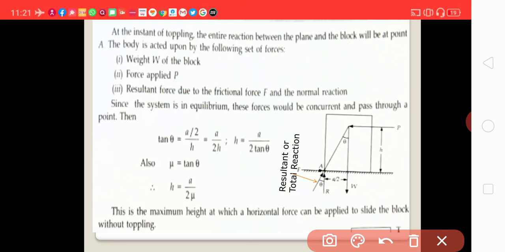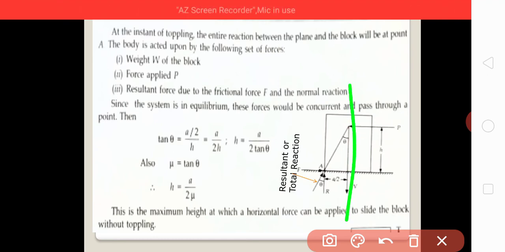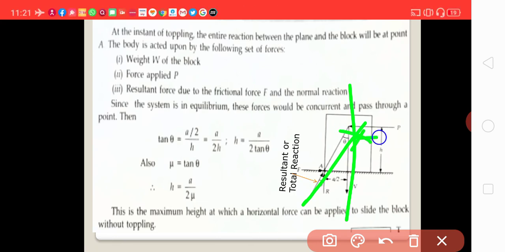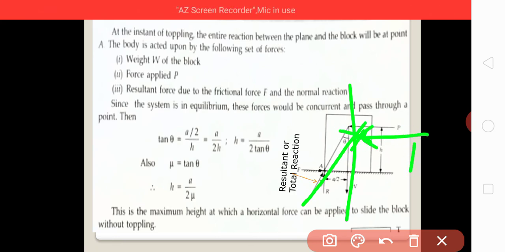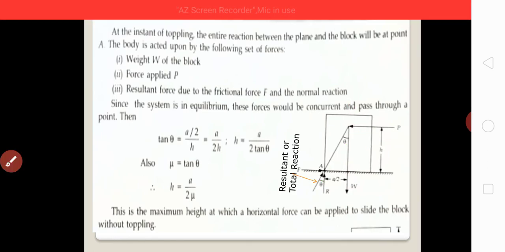Now, the system is in equilibrium. If the system is in equilibrium, these forces would be concurrent and pass through a point. One thing is clear, that the weight of the block will be at the center, hence this will be acting like this, and where this cuts, corresponding to that we can maximum apply this force P. Okay.